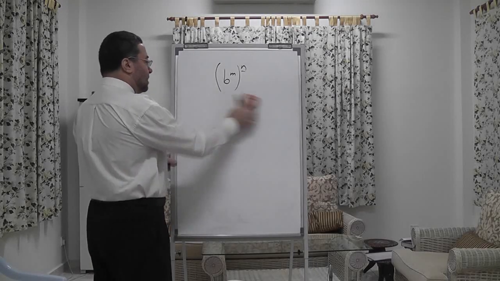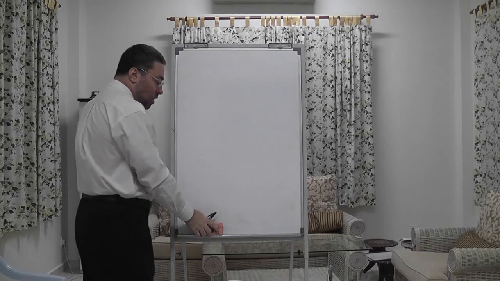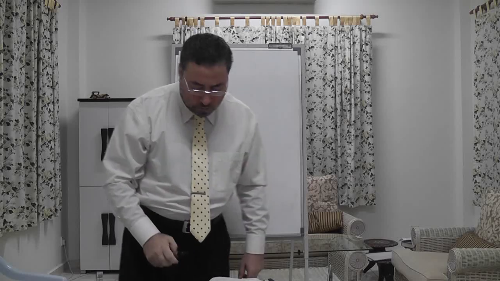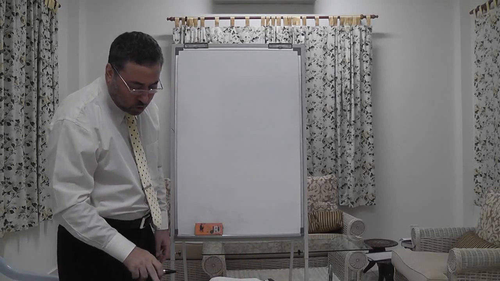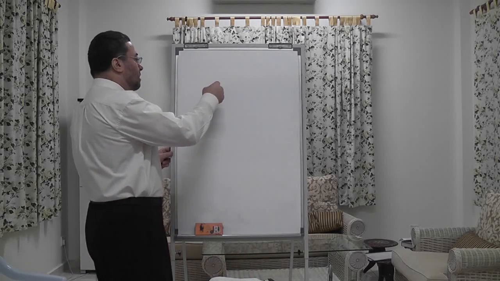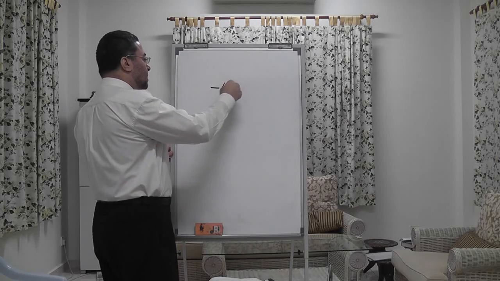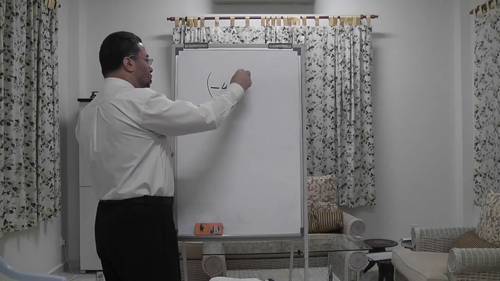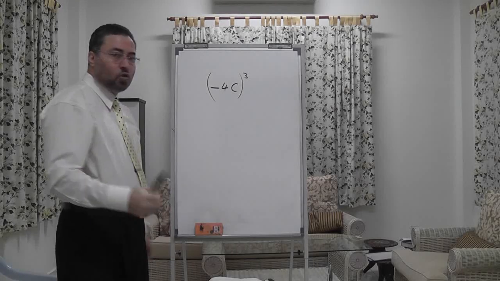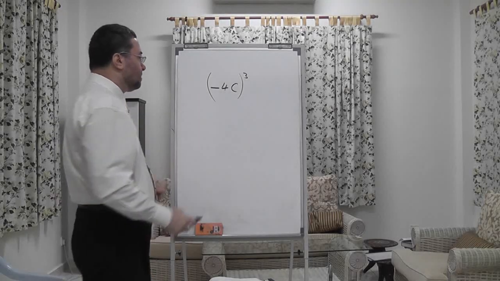Now we'll do some exercises to illustrate how we are going to use these rules. We are going to do example number 2 on page 205, minus 4c cubed. Here we have two bases in this number.